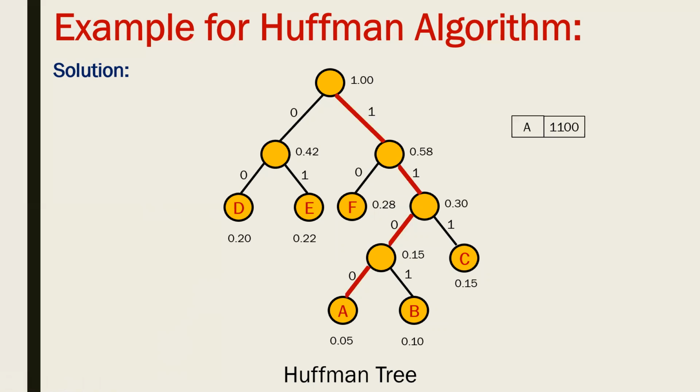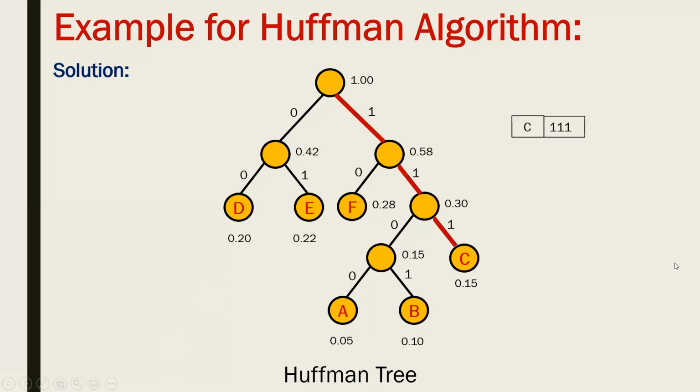Now we have to obtain the code for B. To reach B, again we move from the root node to the leaf node. So we move to B as 1, 1, 0 and 1, this path, and we get the code 1101. Now we have to find the code for C. We get the code for C by moving from the root node via 1, 1, 1.